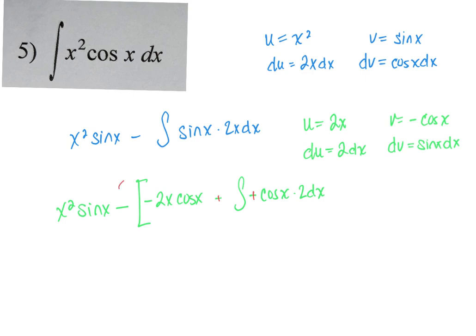And then when I distribute, I get x squared sine of x, and this turns positive, right? Plus 2x cosine of x, but I have to distribute that negative again, which is going to flip it back to negative, right? Antiderivative of cosine is just sine, so 2 sine of x plus c.